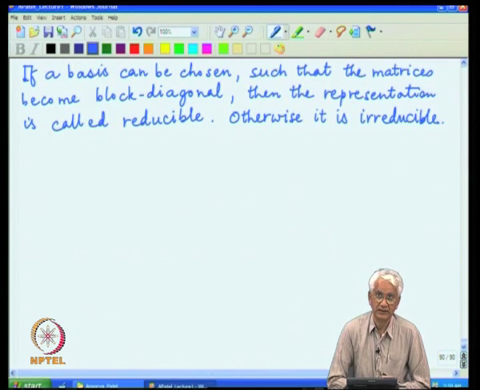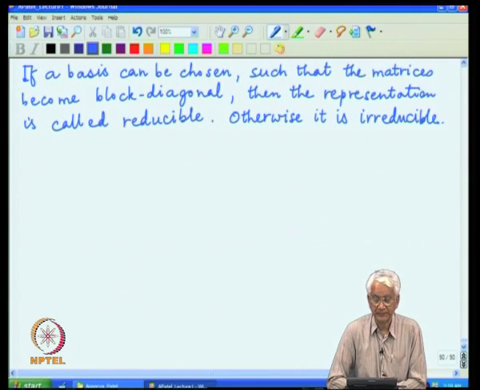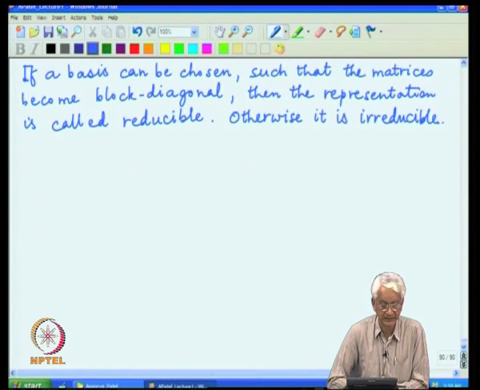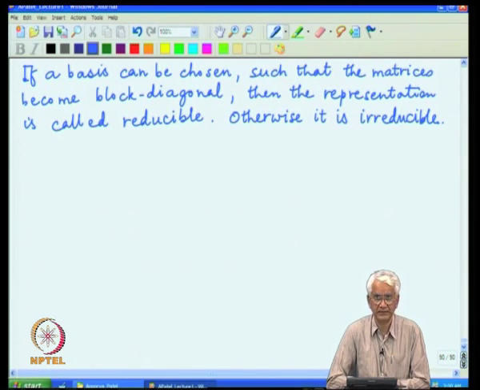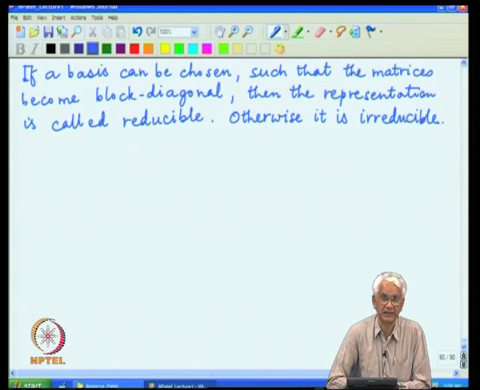mathematically it is the list of all irreducible representations which give a complete characterization of the group. From this irreducible representation, one can construct reducible representation by just using them as blocks.